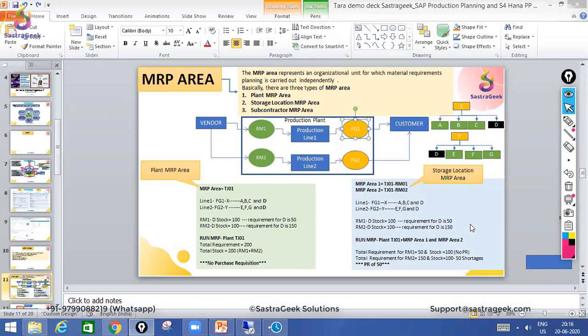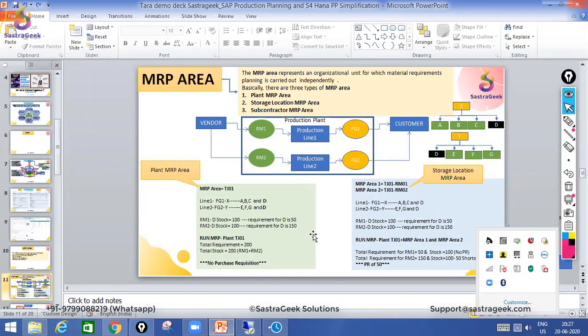The system will do the planning at that storage location level and check the shortages, and finally it will end up with a total requirement for RM2 of 150. Stock available is 100. So there is a shortage of 50, and the system will create a new PR of 50 quantity. So this is nothing but my storage location MRP area.